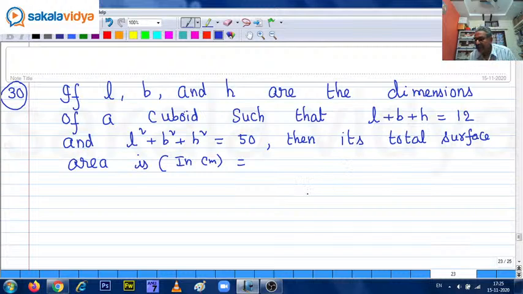Okay, just try this question now. Later I will give the options. See what is given actually here.